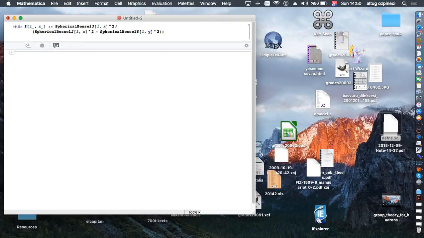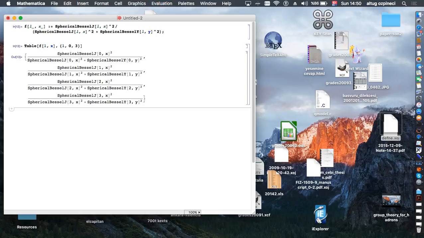Again, Mathematica has some nice features. It can make Taylor expansions. So let me first create a table of these things for various values of L. Let's just check the first 4 values of L, L 0 up to 3. This is x. Let's take a series expansion of each one of these terms for x around 0.